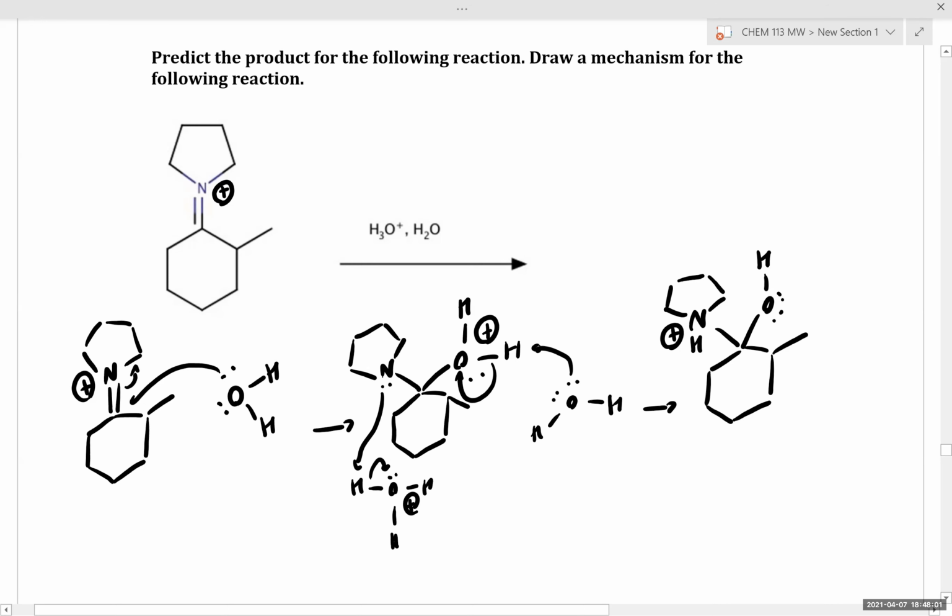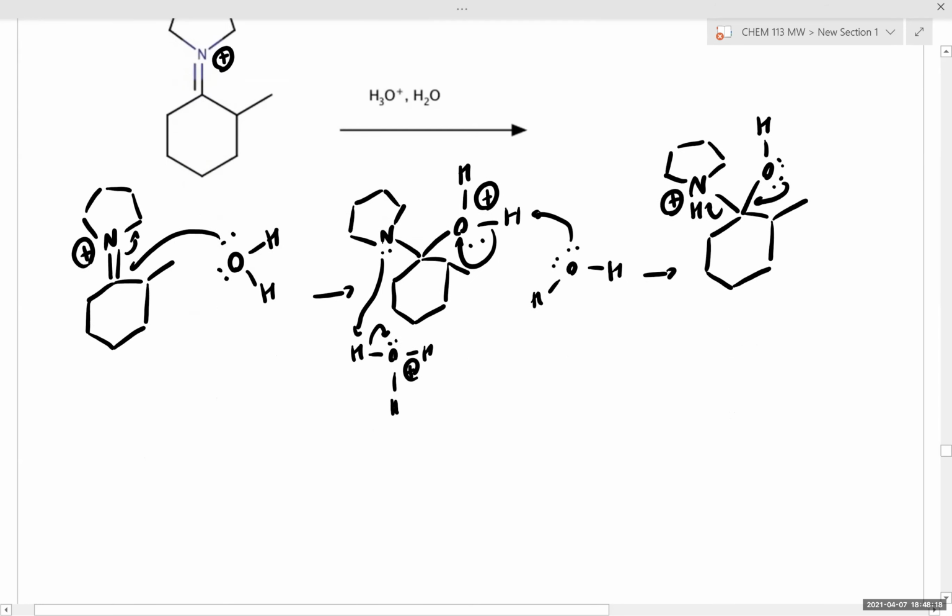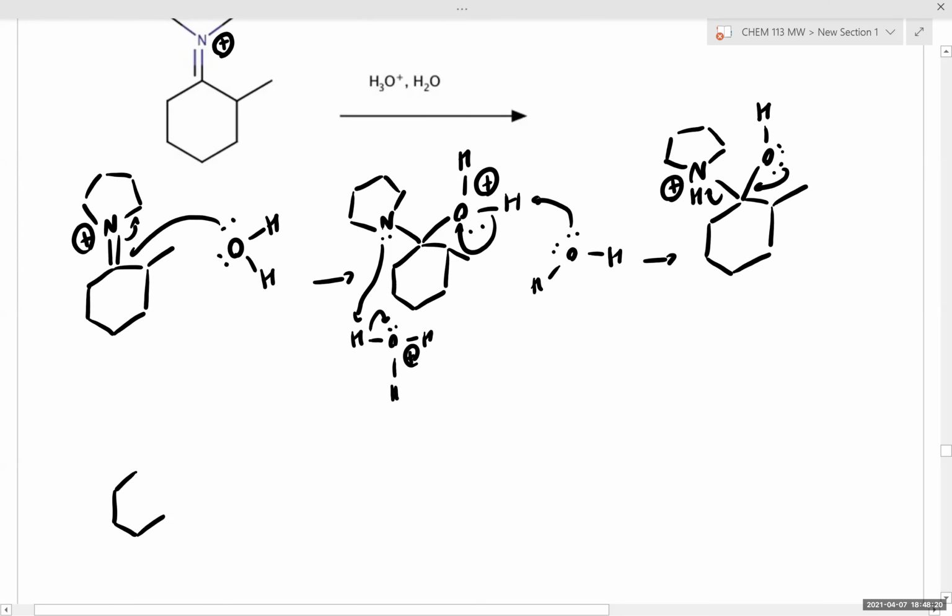What happens next if we're hydrolyzing off our imine? Yep, exactly right. We kick the lone pair down and we lose our activated leaving group. Now we have our protonated ketone.